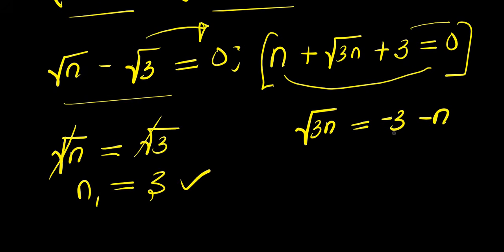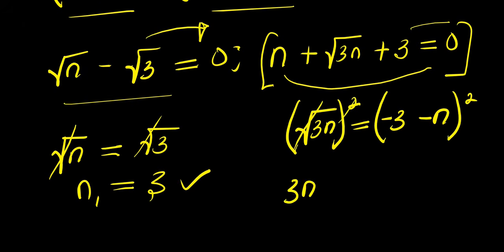Next step will be to take the squares of both parts of this equation, raise this to the power of 2, and also raise this to the power of 2. So this cancels this. I have 3n equals, this simply means negative 3 minus n raised to the power of 2.